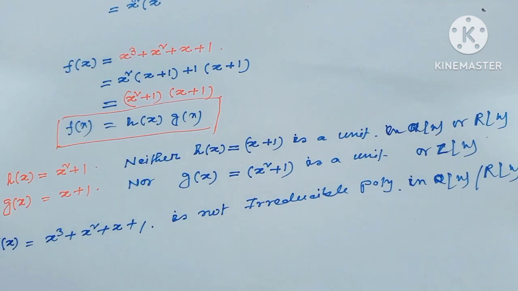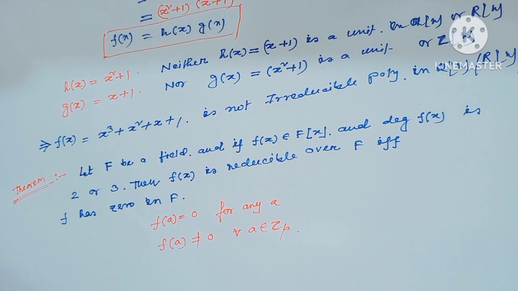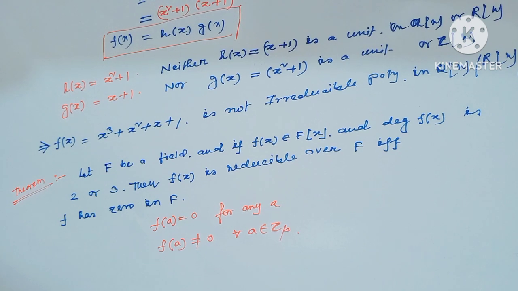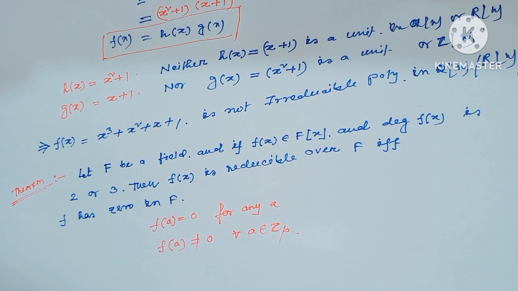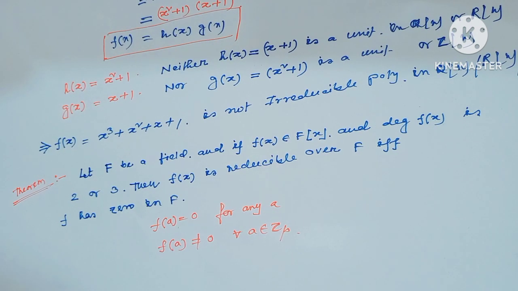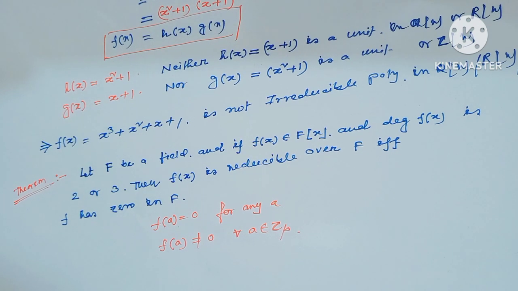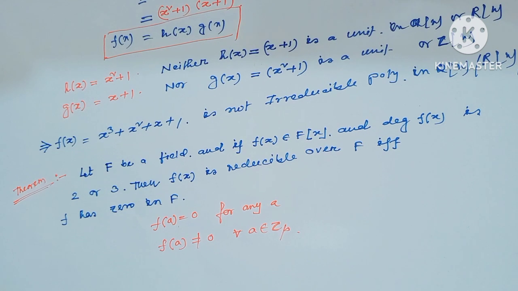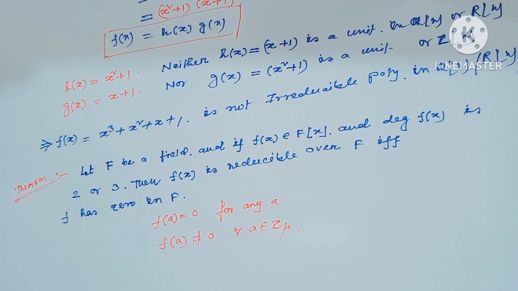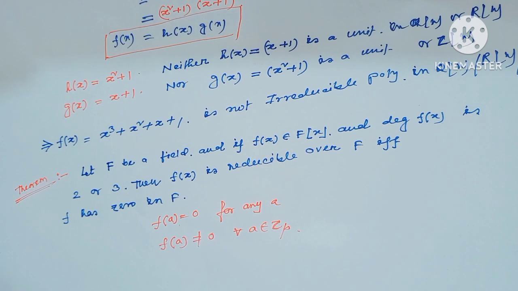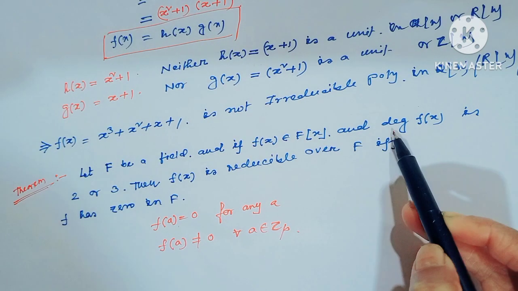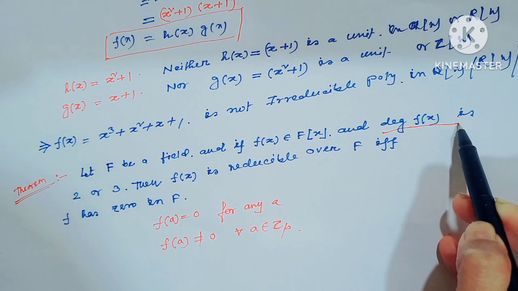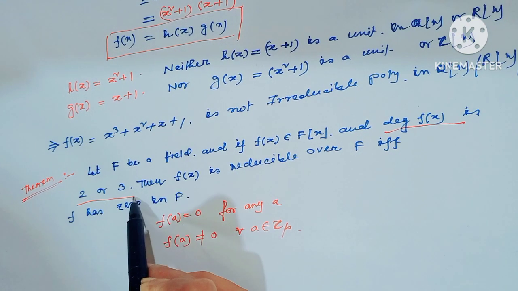Okay. Our next theorem to check reducible or irreducible: I will see reducibility for second and third degree polynomials. The theorem: consider F a field and a polynomial f(x) a member of F[x], and this theorem is applicable for degree of f(x) equal to 2 or 3.